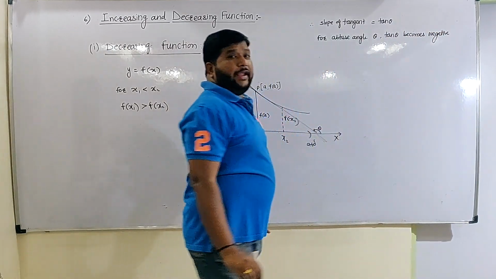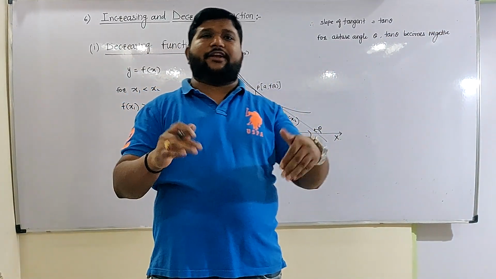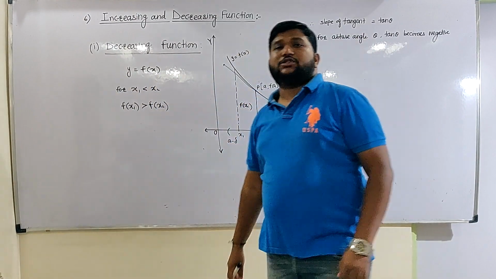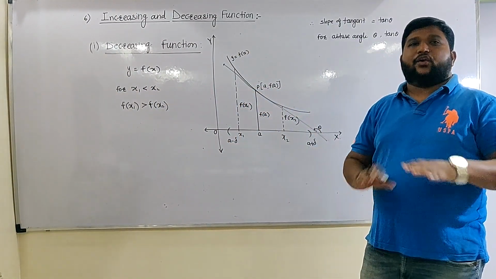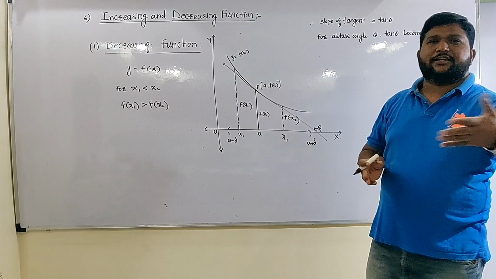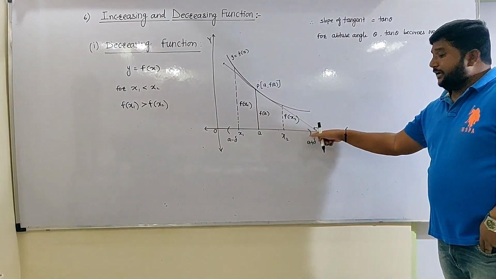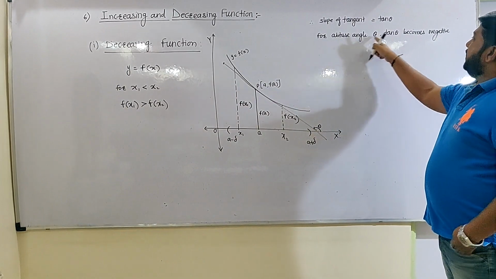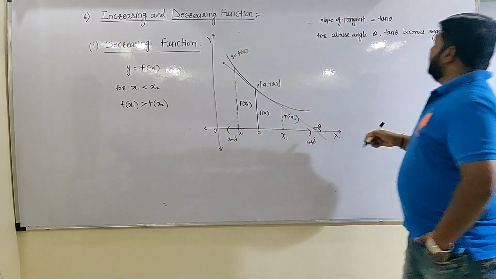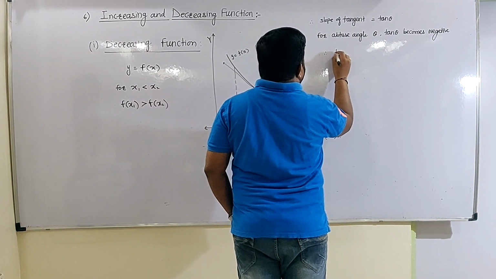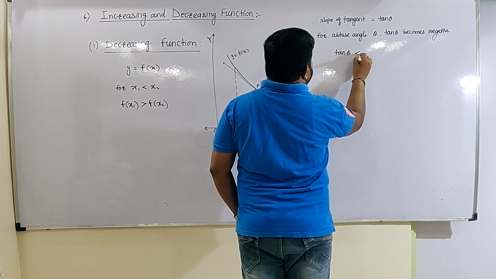So we know that an obtuse angle means greater than 90, an acute angle means what? Less than 90. Equal to 90 means what? Right angle. These are the types of angles. So this angle is obtuse, greater than 90. So for obtuse angle theta, tan theta becomes what? Negative. So therefore, tan theta is less than 0.